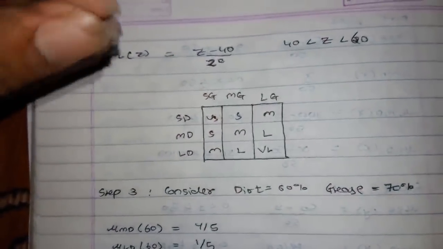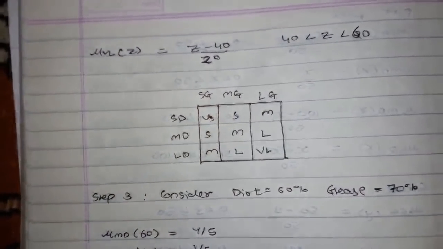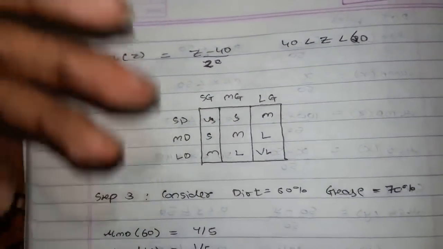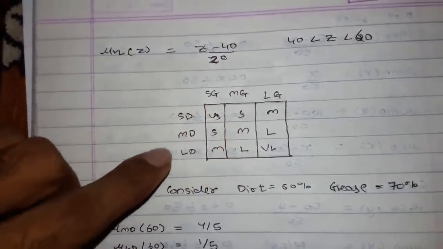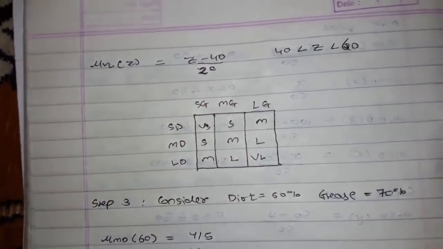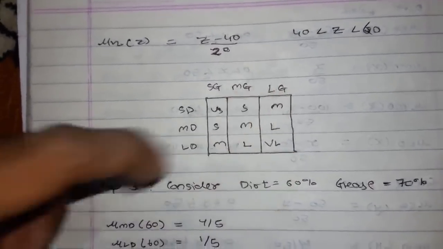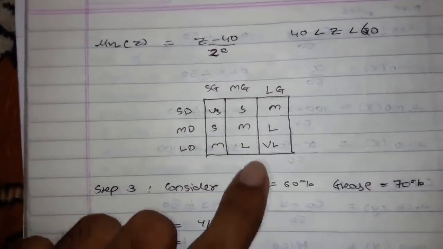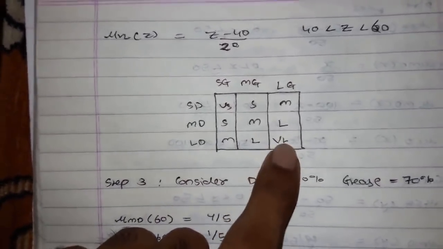If there is small dirt and small grease, the time should be very small, because things will wash out in a small amount of time. Hence here I have written very small. Similarly, if there is medium dirt and medium grease, then you will require a medium amount of time. If there is large dirt and large grease, now everything is large, so you will require a very large amount of time, hence VL.